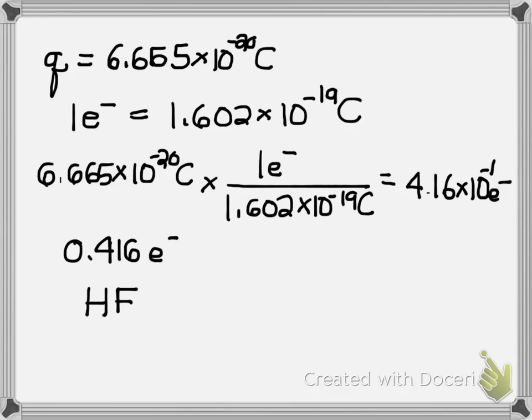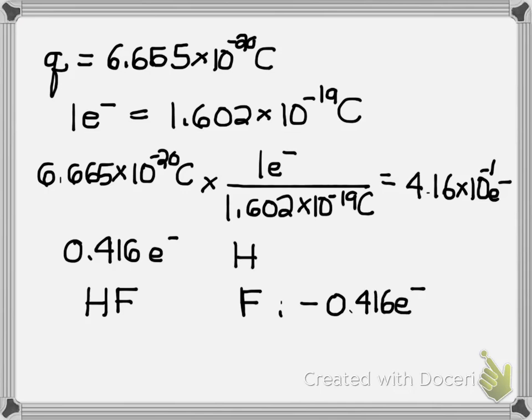Now, I have the molecule HF. If I want to know the charge on each one of them, one of them is going to be positive and one of them is going to be negative. The more electronegative element, which in this case is fluorine, will attract more electrons, so the charge on it will be negative 0.416 e.